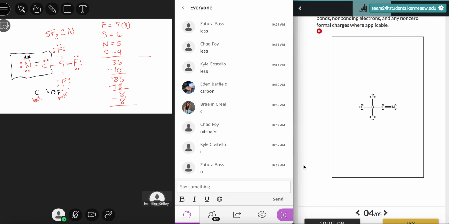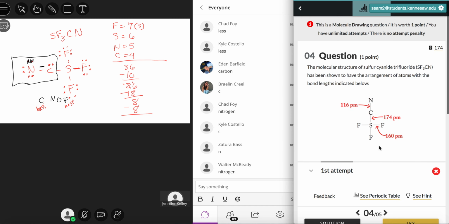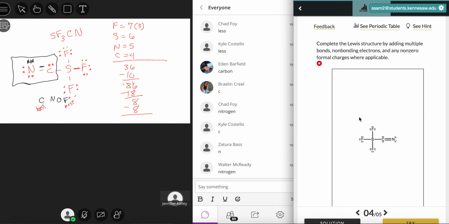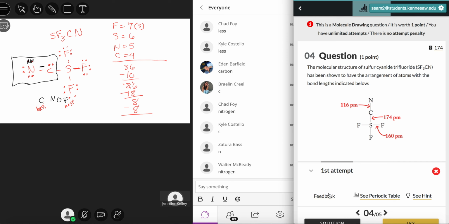Those are good guesses. So to be electronegative, what that means is you're going to draw electrons toward you. So carbon is less electronegative. It's not going to draw electrons toward it as much as nitrogen's going to. So if nitrogen is drawing electrons toward it, it's more likely to have more electrons on it.